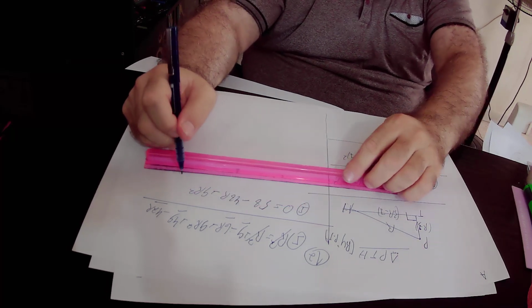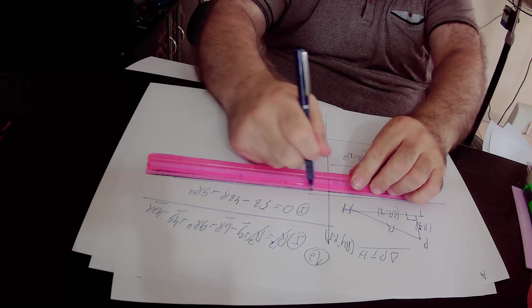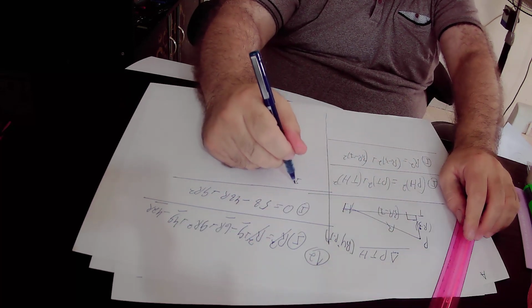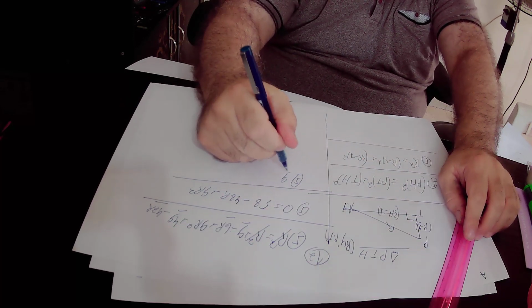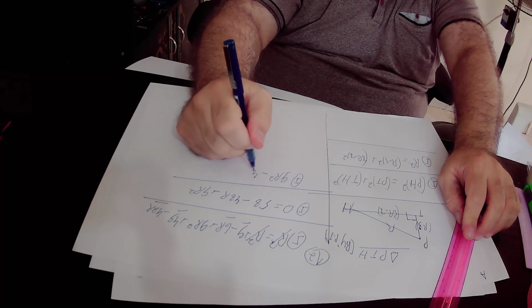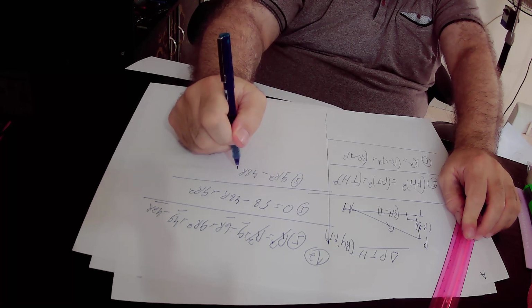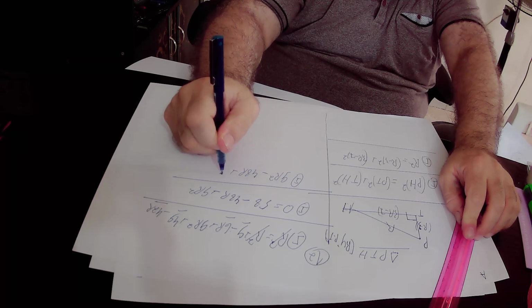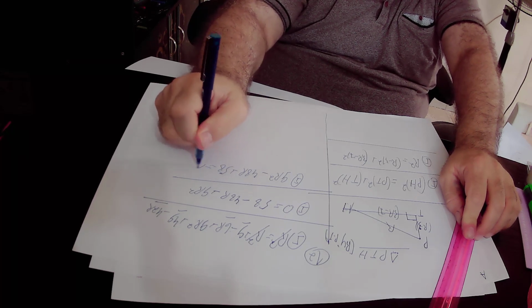So actually we have here a quadratic equation that states that 9R squared minus 48R plus 58 is equal to 0.